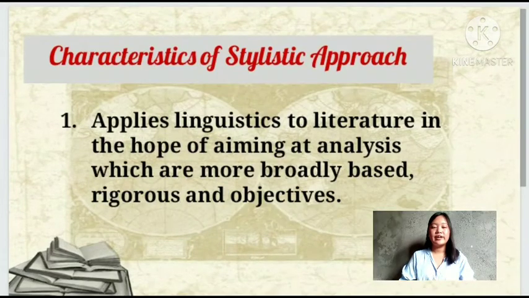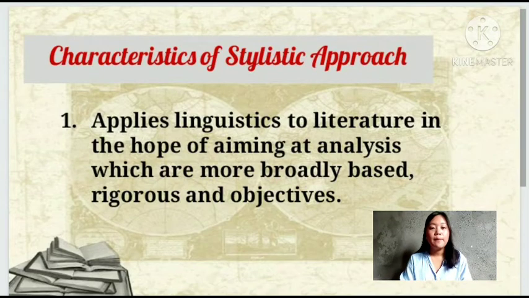Now let's move to the characteristics of stylistic approach. The number 1 is it applies linguistics to literature in the hope of aiming at analyses which are more broadly based, rigorous, and objective. This characteristic gives a chance to encourage students' ability to infer meaning by interacting with the text.